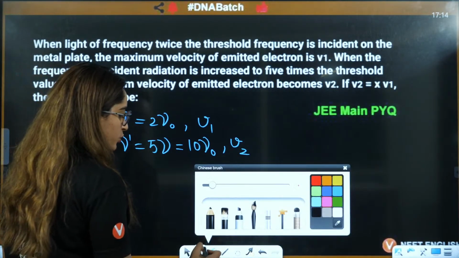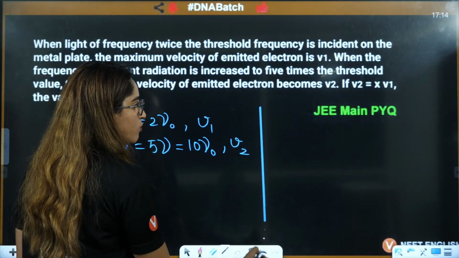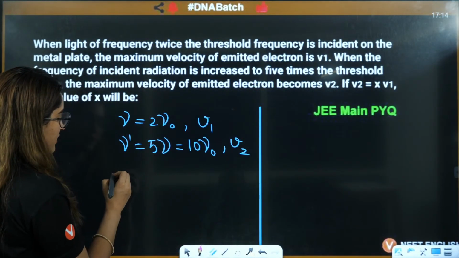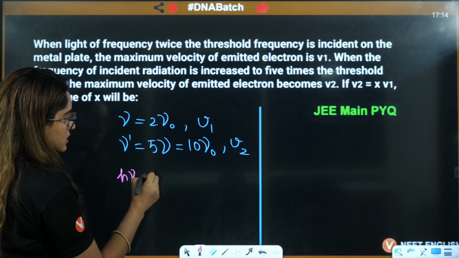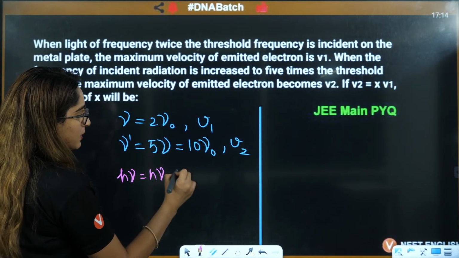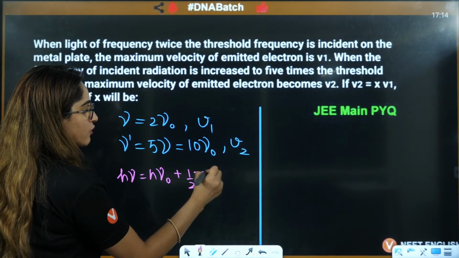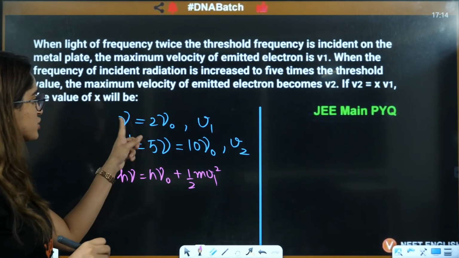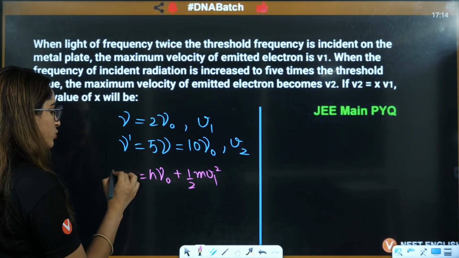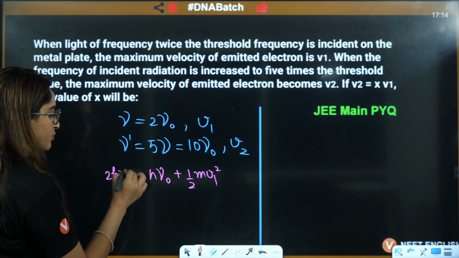Simple thing, how you will do this. We know two formulas here. One is h mu is equal to h mu naught plus half m v1 square. Here h mu is nothing but 2 h mu naught.